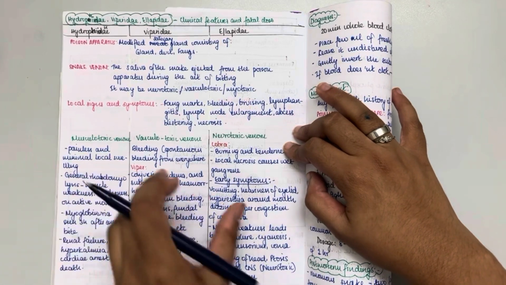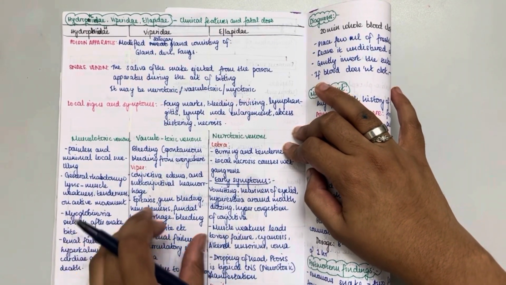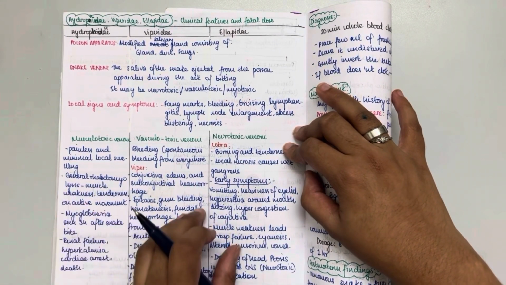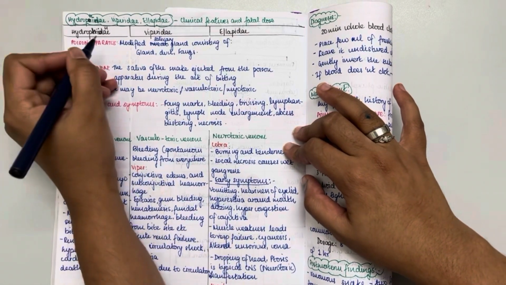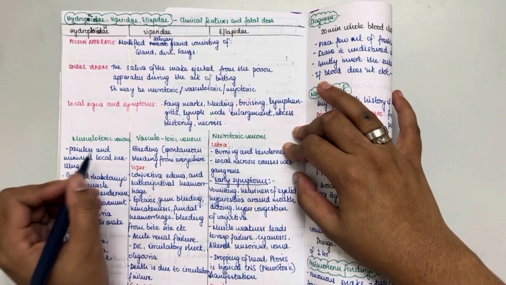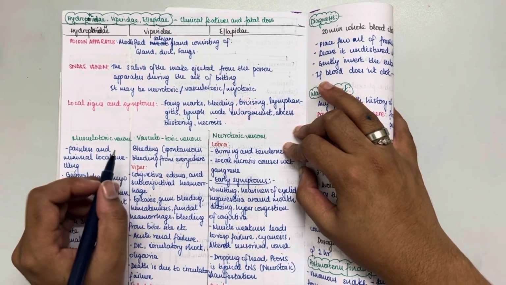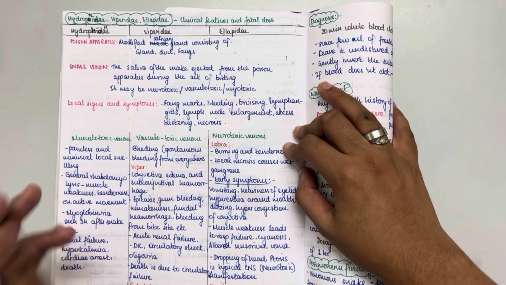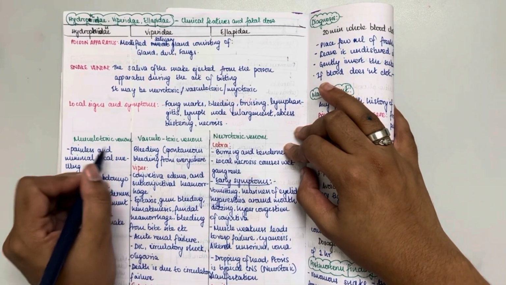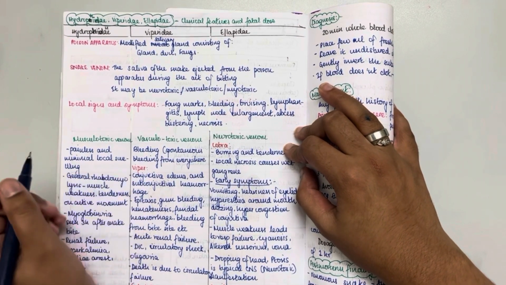So next let us see the clinical features and fatal dose for each of the types. I have made it into a tabular column so that it will be easy for you guys to compare and study. So first let us see about Hydrophiinae. It is going to secrete musculotoxic venom, which is going to have musculotoxic effect on the victim.